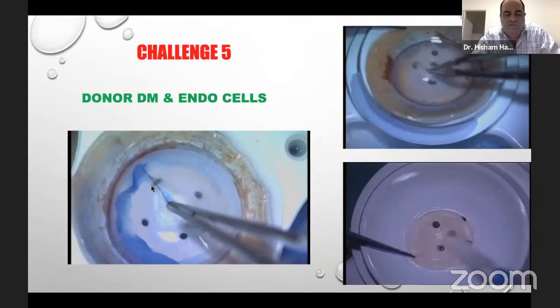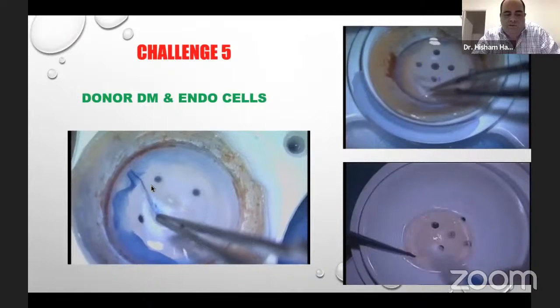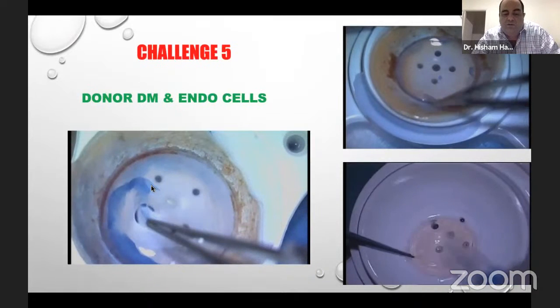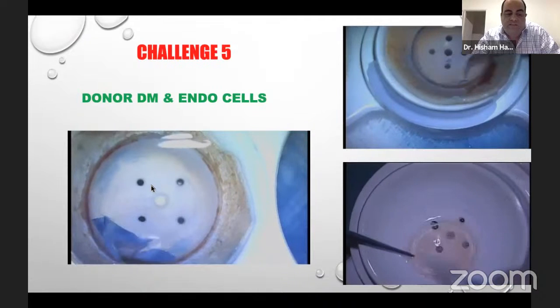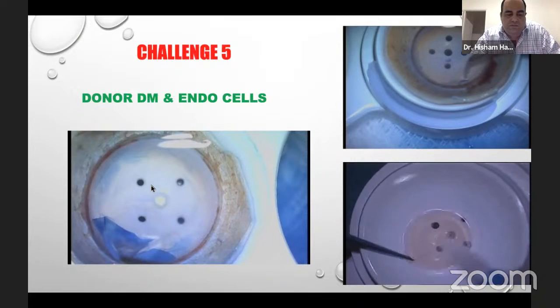Challenge number 5 is related to removal of donor Descemet's membrane and endo during graft preparation. And this process is more difficult in grafts taken from younger donors. So it might not be a very good idea if you're starting your DALC to use a donor coming from younger age group. However, you may not be able to do a smooth stripping of Descemet membrane.